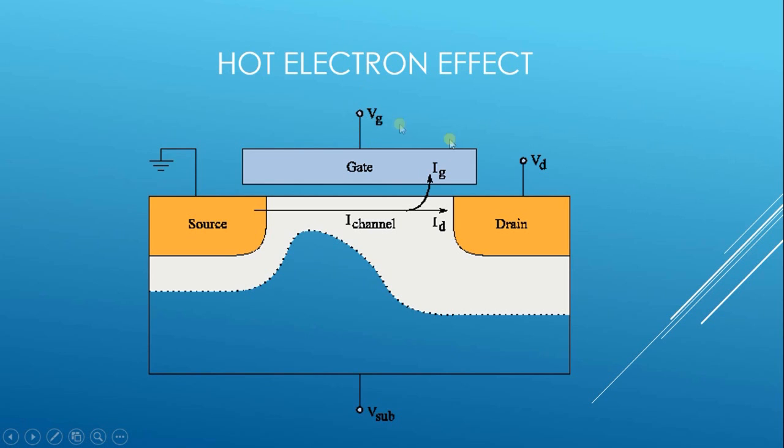So what exactly is happening? The current is going into the gate. So our actual ID is now split up in two parts, and at the drain point we are getting a lesser current. So our ID is again reduced in this case.